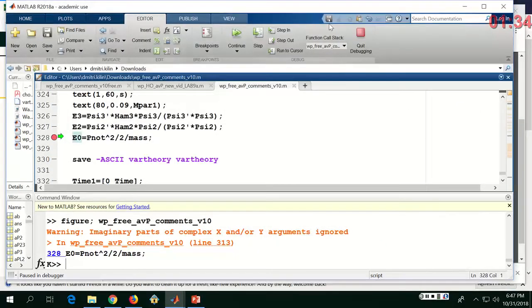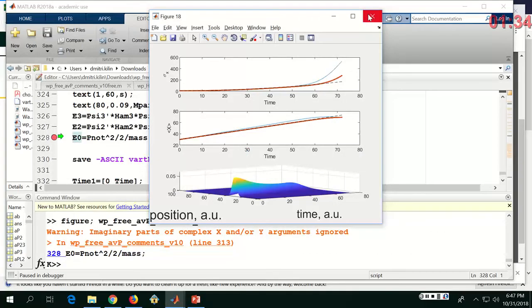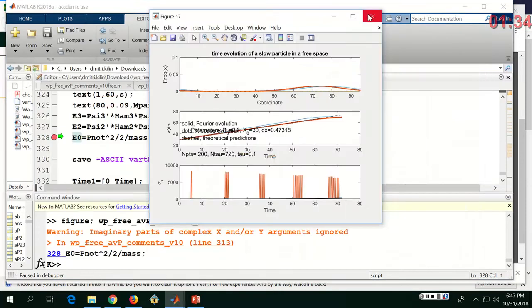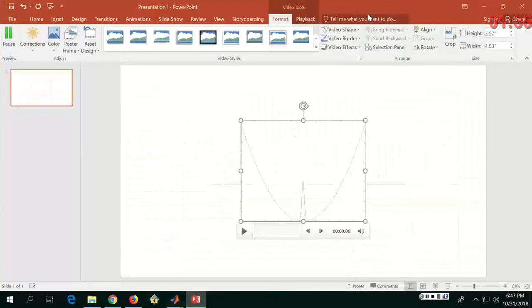What is the potential energy for a harmonic oscillator? Which function? No, much simpler. Potential energy for a harmonic oscillator. Just x squared. Parabola. So when we go to left or right from equilibrium, energy grows.